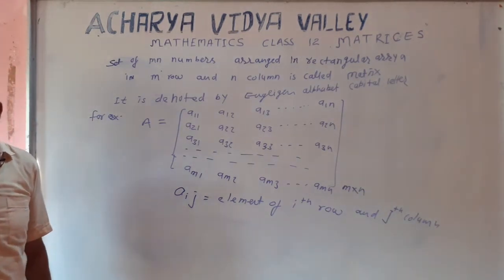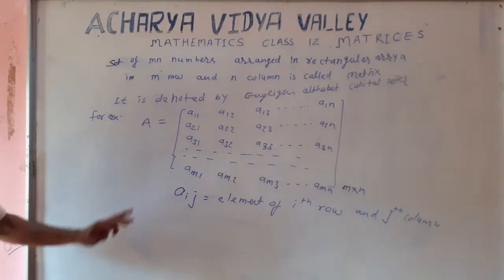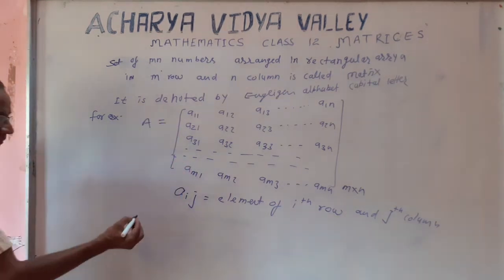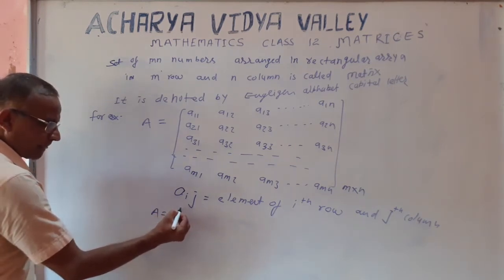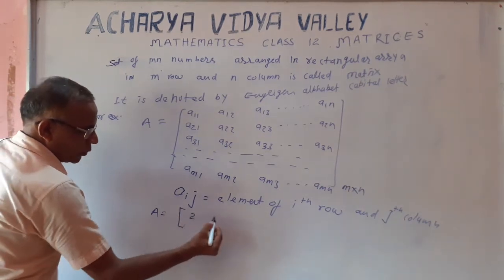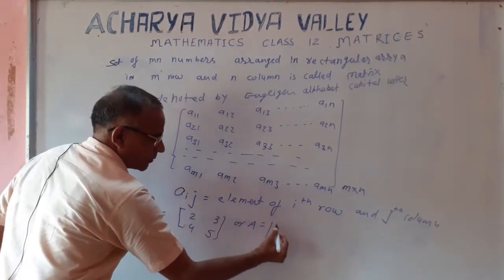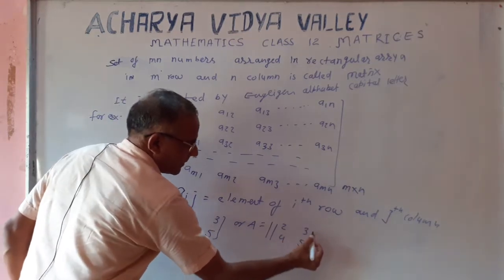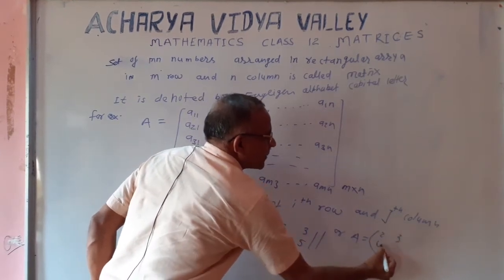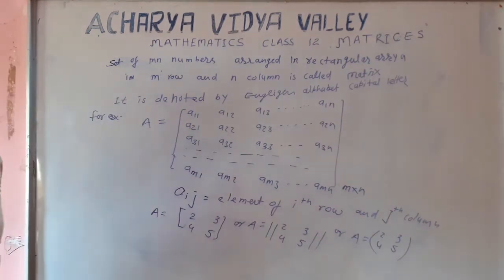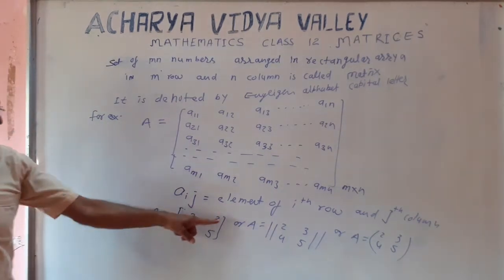Matrix denotation is of different types, but in this book we use this denotation. Other denotations are matrix A equal to 2, 3, 4, 5 in different bracket styles. But the popular denotation of matrix is this: A equal to 2, 3, 4, 5.